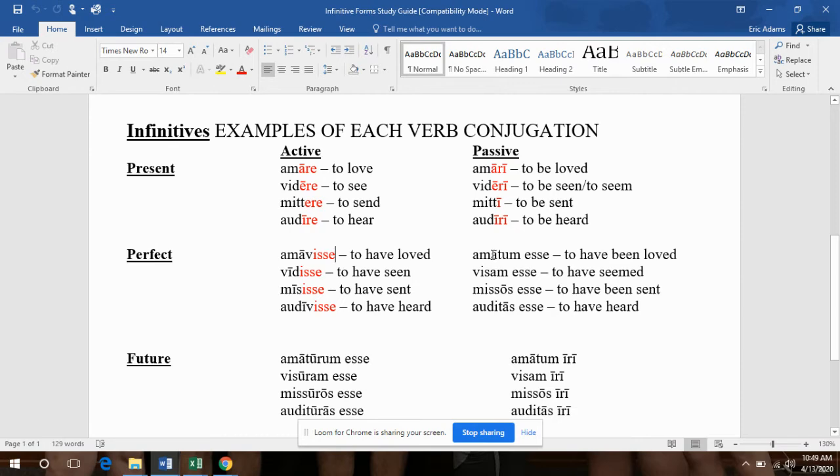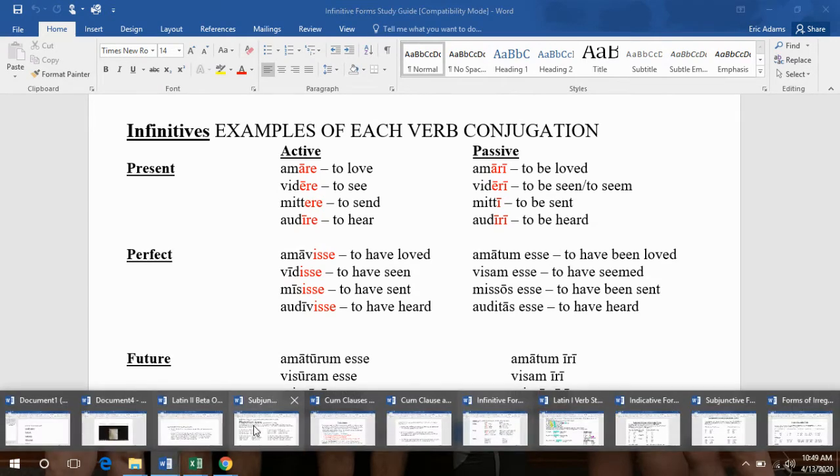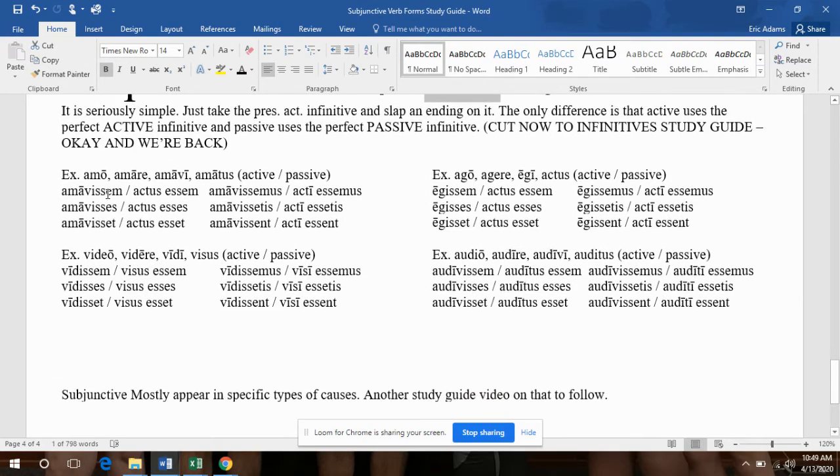And over here, if we wanted a pluperfect passive, you would then take the perfect passive infinitive and again put m, s, t, mus, tis, nt. You use the active endings because onto the verb to be, esse, you can only have active endings. And so when we go back to the study guide for subjunctives, it's all laid out here.